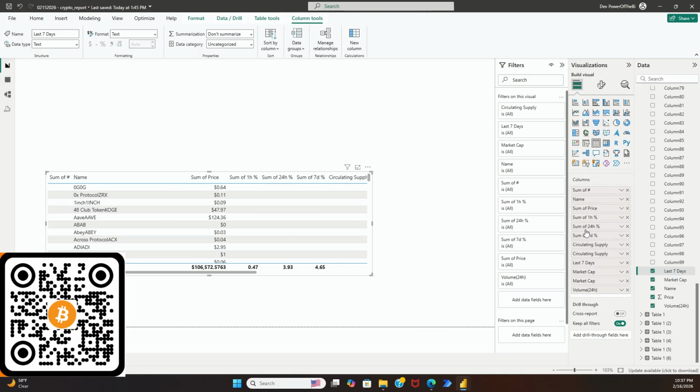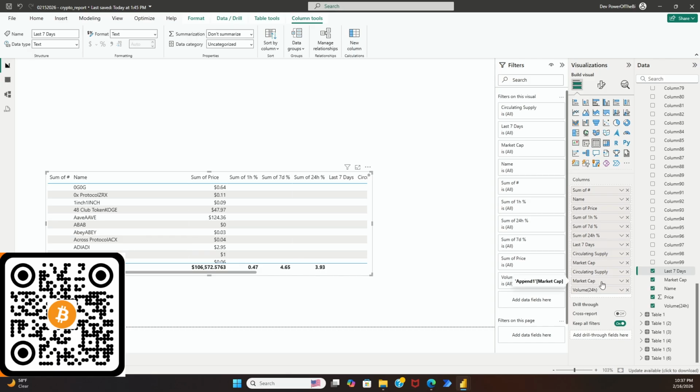And we're going to take the 1 hour percentage and start placing the percentages in order. So we've got 1 hour percentage, 7-day percentage, 24-hour percentage. Circulating supply is cool. We're going to put 7 days after the 24-hour percentage. Market cap, we're going to place that after circulating supply, and the 7 days actually should be after the 24 hours.